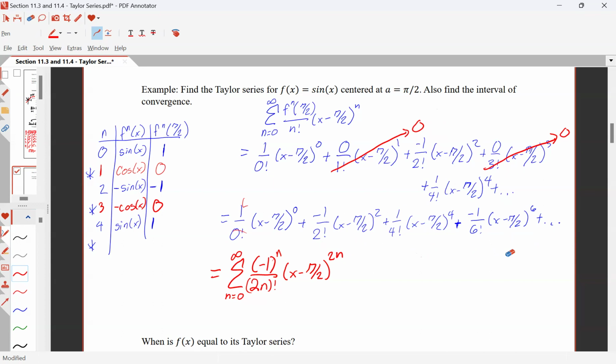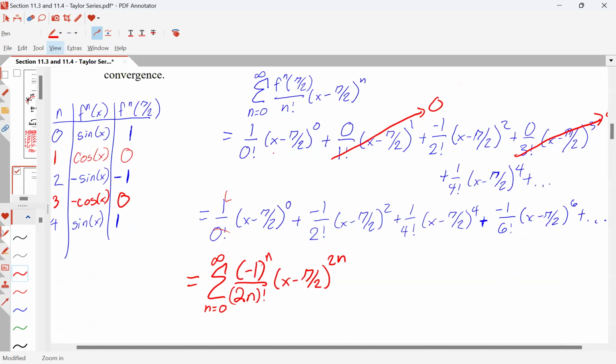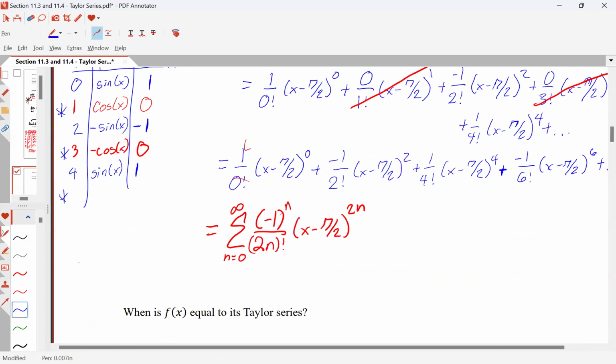And then the second part of the question says find the interval of convergence. Finding the interval of convergence is running that ratio test.